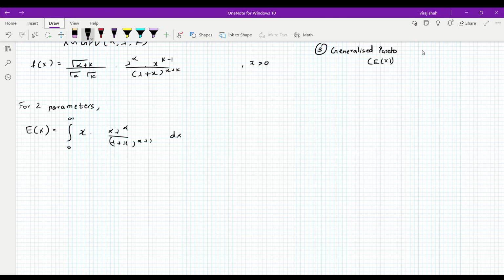So I'm just writing down what step you need to perform. The step you must perform is to compare. This is your expectation of x, that is the full formula with respect to the generalized Pareto distribution.